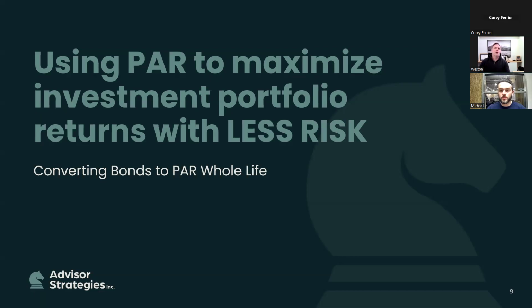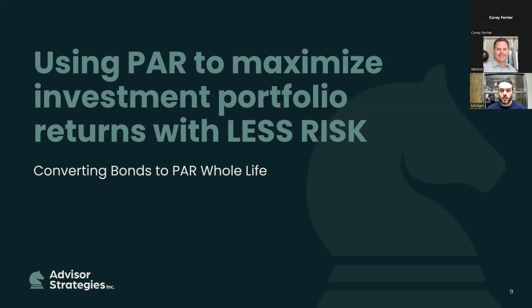Awesome. Okay, and I'm just going to pause my video just to save a little bandwidth, and hopefully it comes through nice and clear. So thanks, Mike, for laying out why PAR is such a stable asset and can be a really effective place to put money. So let's actually take a look at what that might look like for somebody who does that.